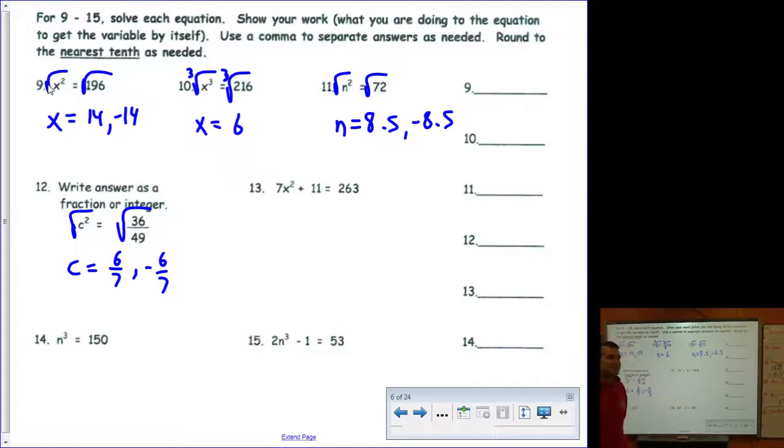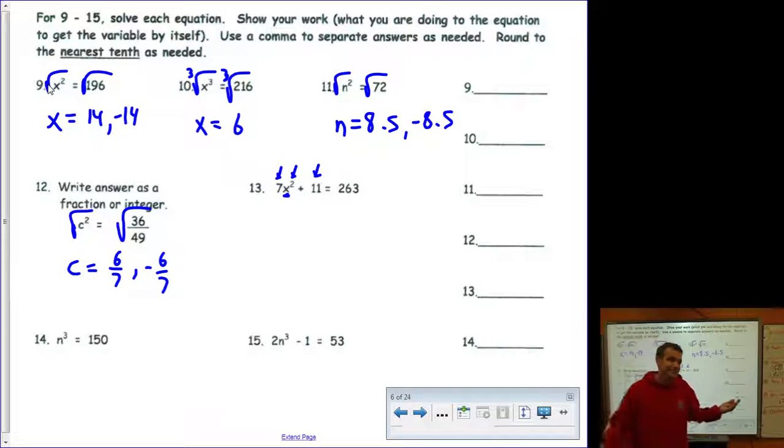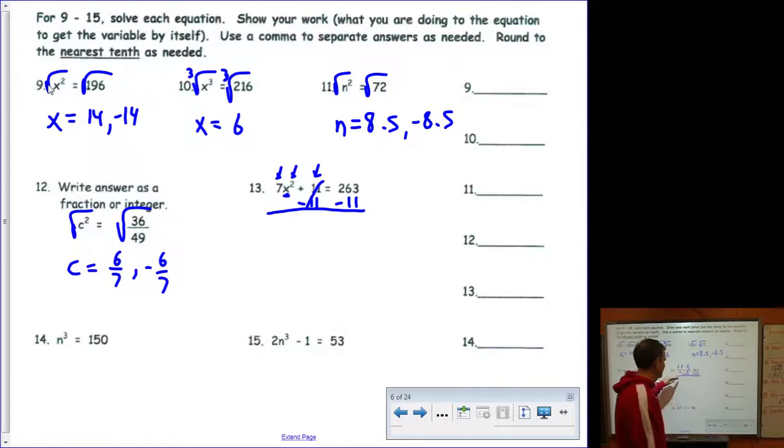All right, number 13 takes about 3 steps, right? To get the x by itself, there are 3 numbers to get rid of: the 11, the 2, and the 7. And you get rid of them in reverse order of PEMDAS, SADMEP. So first I would get rid of the 11 by subtracting 11 from both sides. That gives me 7x squared equals 252.